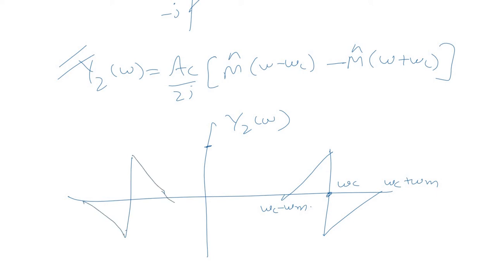So this will be your Y2(omega), which is a shifted version of M hat(omega), shifted by omega_c and minus omega_c, on the right side and the left side appropriately.